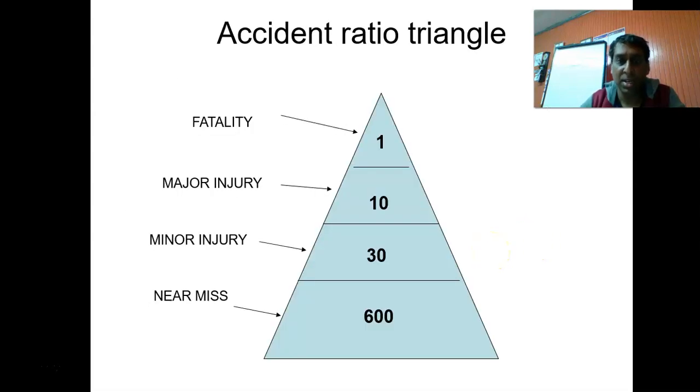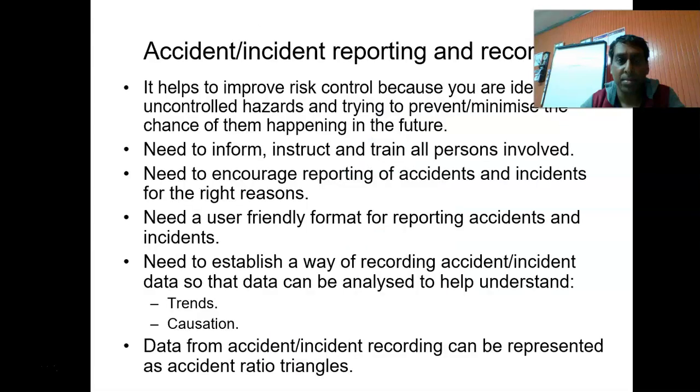But the best way, really, to represent accident ratio or accident data, or should we say reactive data, would be on a triangle. The reason is that if you look at the shape of the triangle, you normally will get more incidents at the base of the triangle, right?